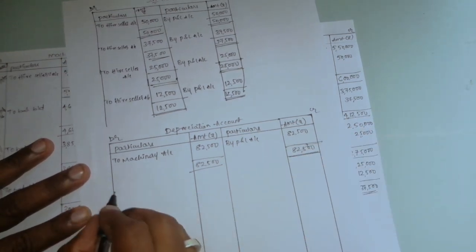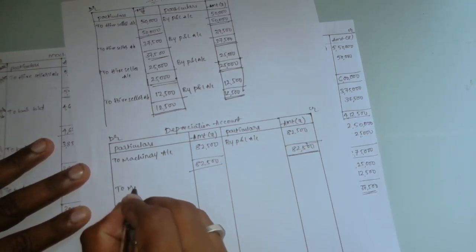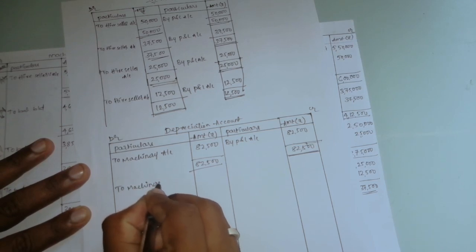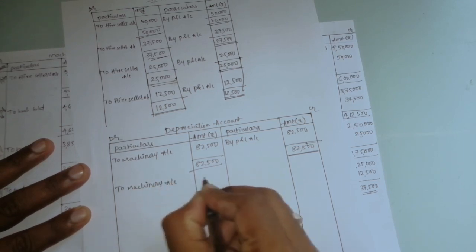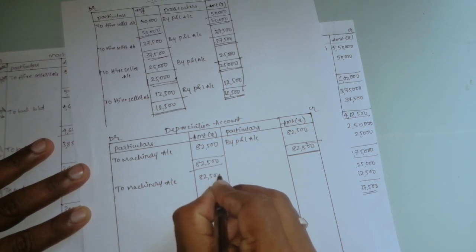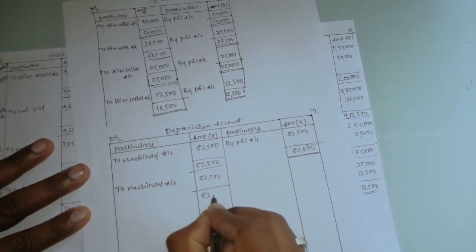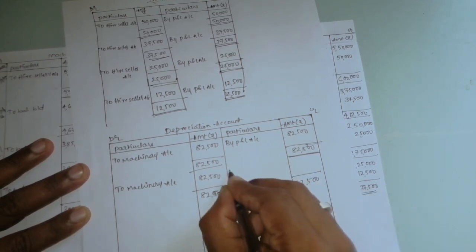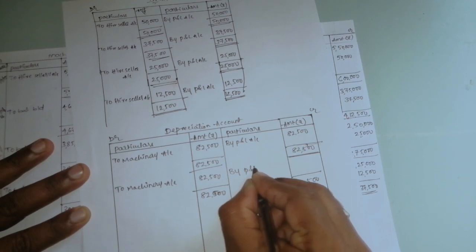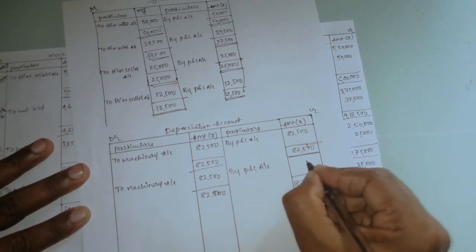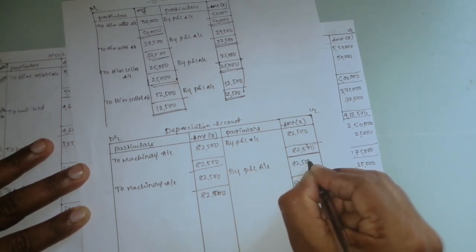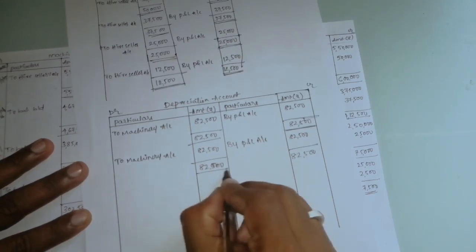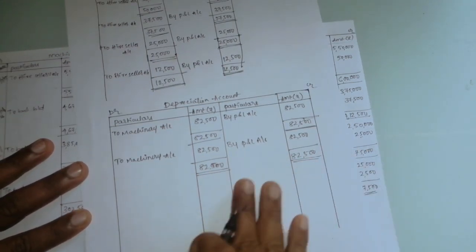Clear? So here also next year, to machinery account 82,500, by profit and loss account, transferred to profit and loss account, 82,500.